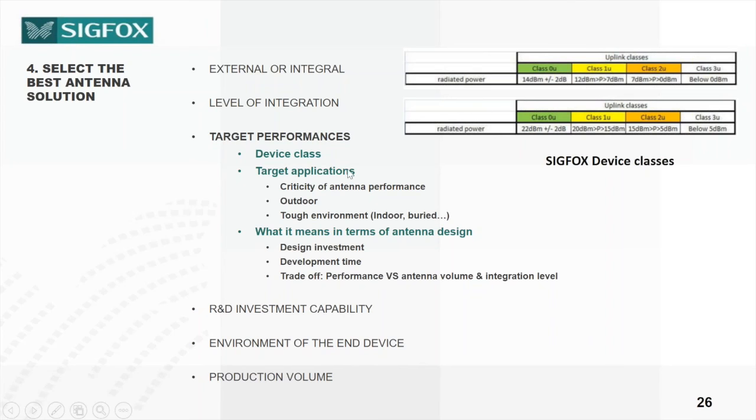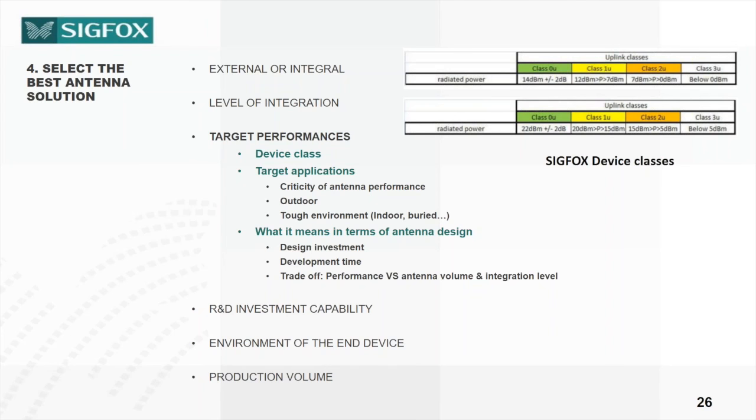The target applications might drive the target performance you want to achieve. In fact, if you are in a very complex and tough environment, you need to go for class 0. So you really need to achieve this class to use the SIGFOX networks at their maximum capacity.